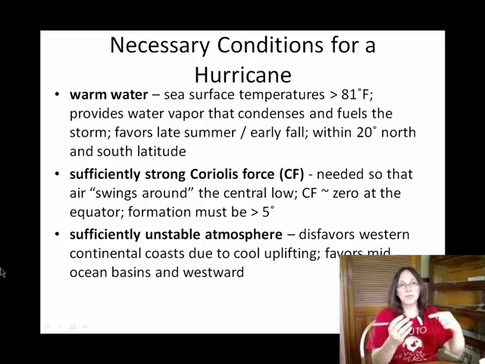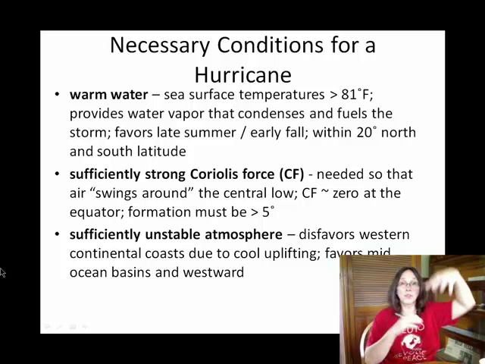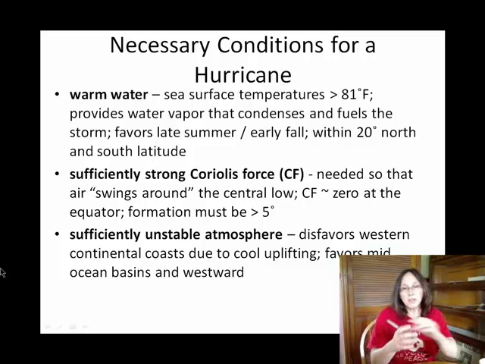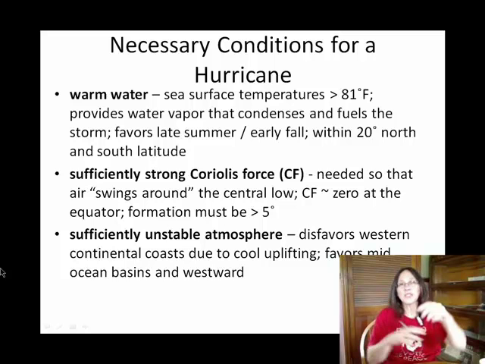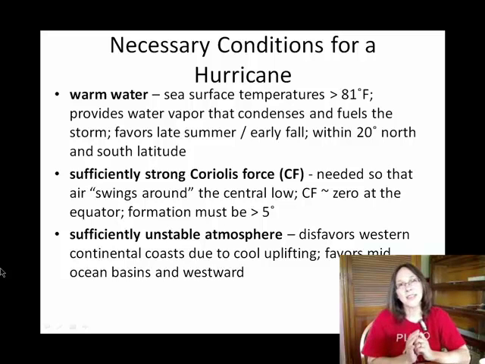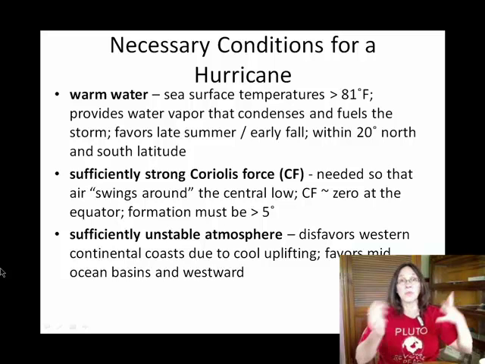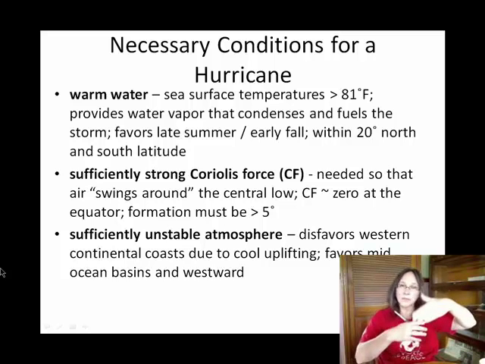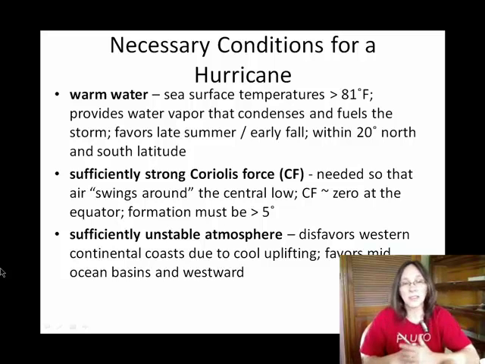There's no deflection at the equator, but the Coriolis force is most exaggerated at the poles. So for this reason, even though near the equator, near the intertropical convergence zone, it's nice and warm and toasty, you don't have enough spin to sustain your weather system we call a tropical cyclone. So it has to be more than 5 degrees beyond the equator in order to get sufficient spin.